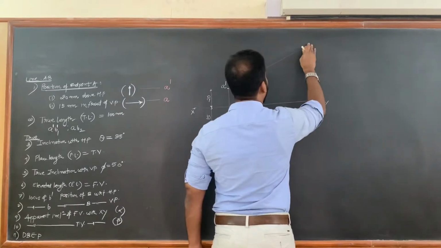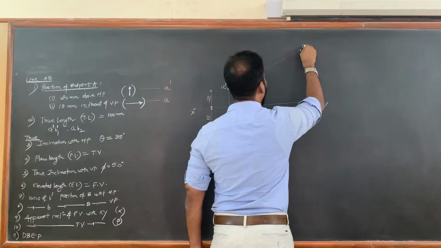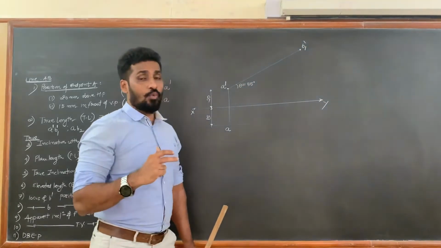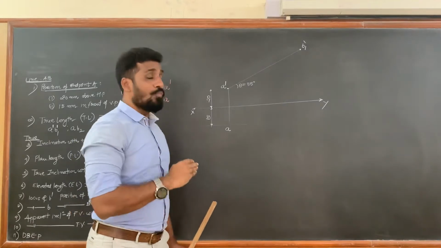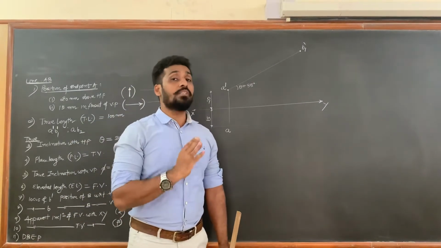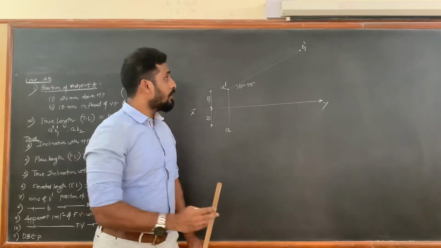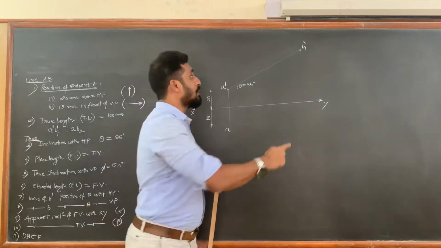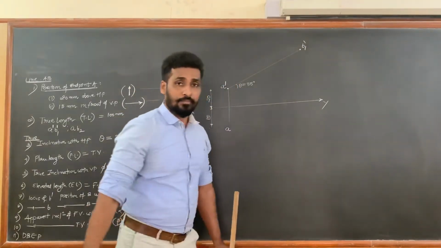I'm going to name this point, the other end point, as B1 dash. Now the naming is very important. You have to memorize the entire master solution, including the names as well. This is my first stage, that's why B1 has come. The point is in the front view, that's why B1 dash has come.